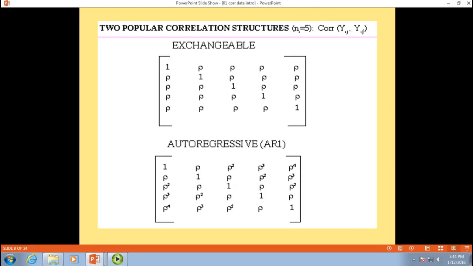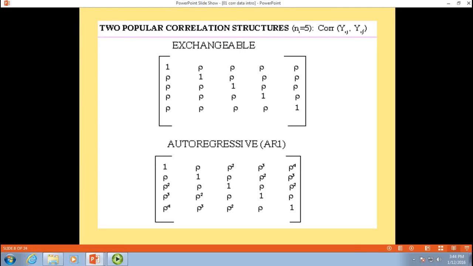It's rho cubed, right? So what's happening here? Well, it's not unstructured, so what's going on? Let's assume that rho, the correlation, is a positive correlation. So what happens when you go from rho to rho squared to rho cubed to rho to the fourth? It goes down. Correlations go down. Why might that make sense?